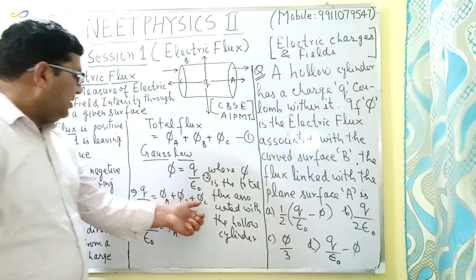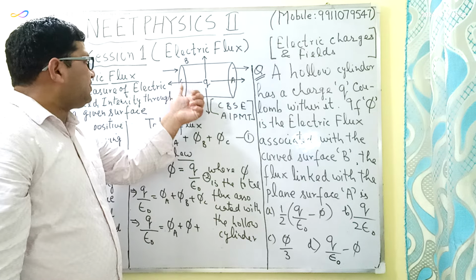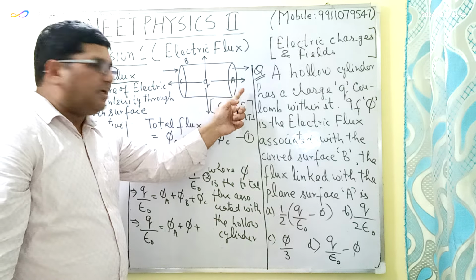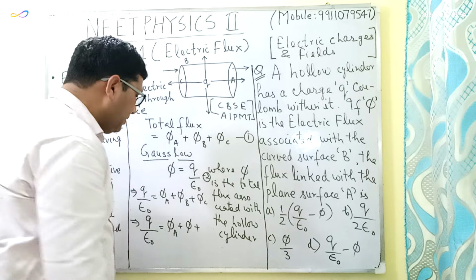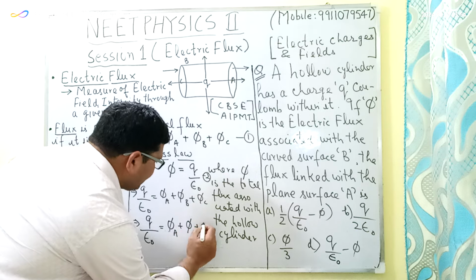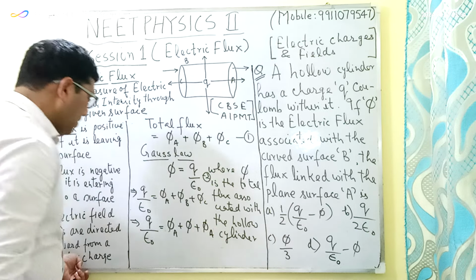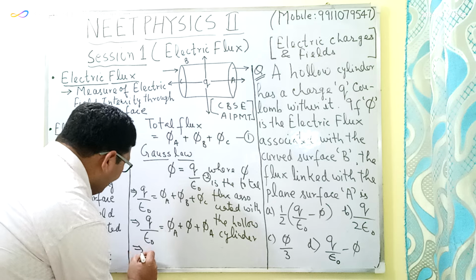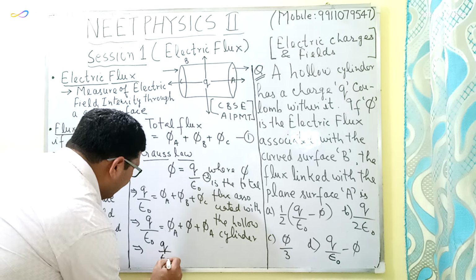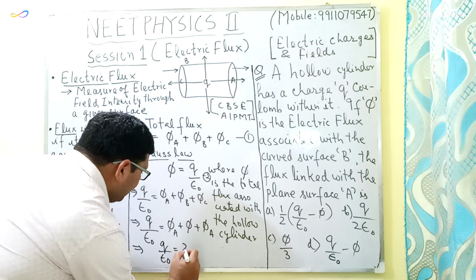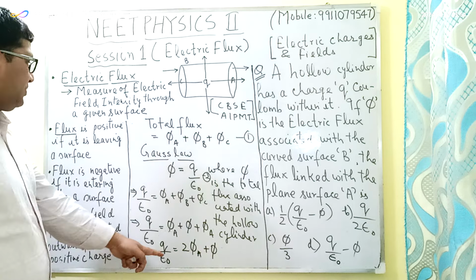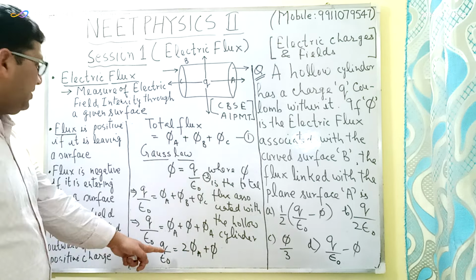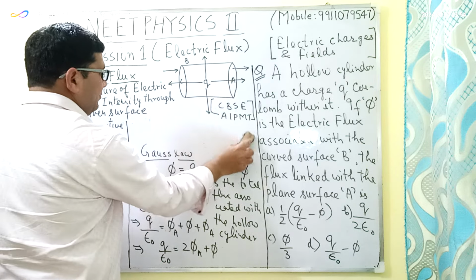Since the flux linked with curved surface C is equal to the flux linked with curved surface A, because the cross-sectional areas of both surfaces are equal, I can substitute phi C by phi A. So finally Q upon epsilon naught is equal to 2 phi A plus phi. Now I have to simply solve this equation and we will get the answer.